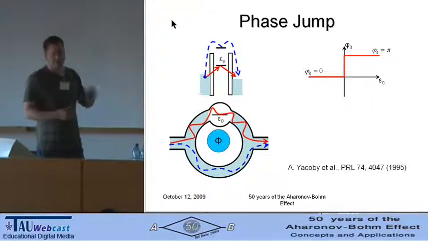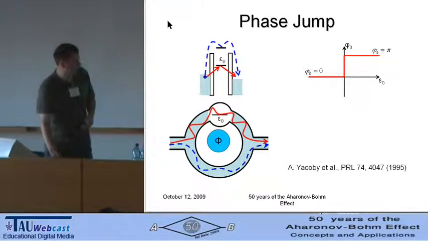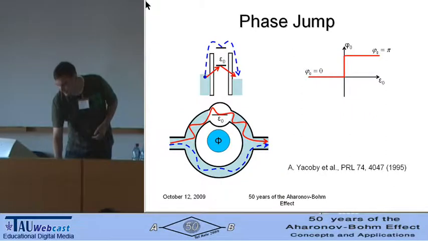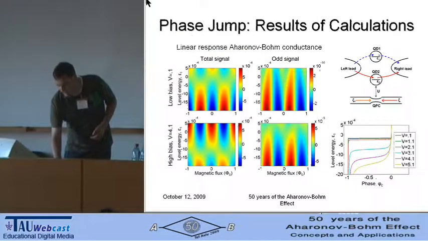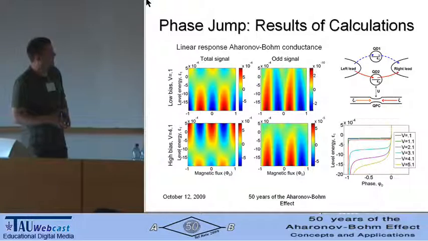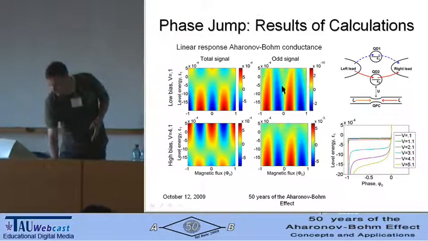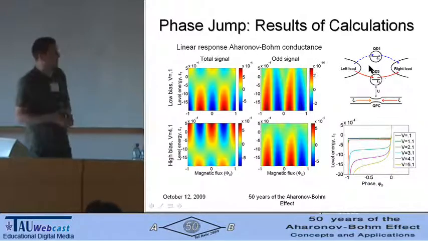So now if you sweep the level across the Fermi level, the phase at some point has to jump between 0 and pi. And this is well known theoretically, experimentally. Here I show you the results which were obtained by modeling this interferometer using standard Keldysh non-equilibrium Green's function technique.